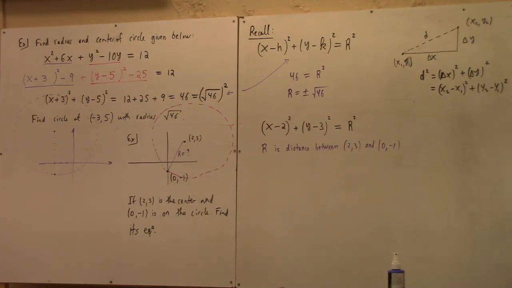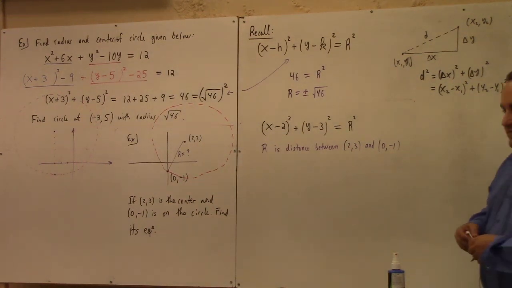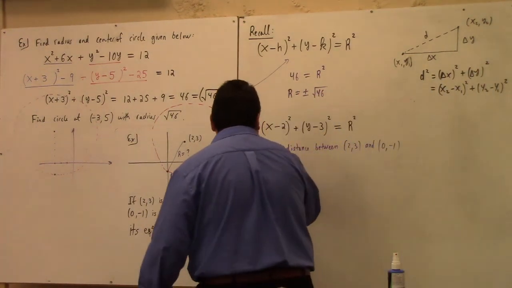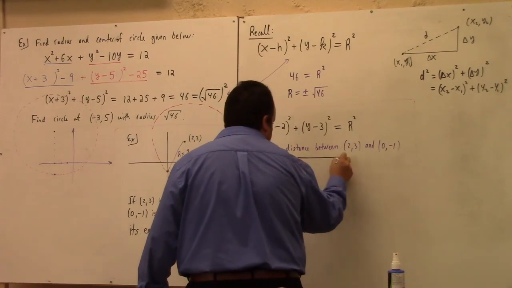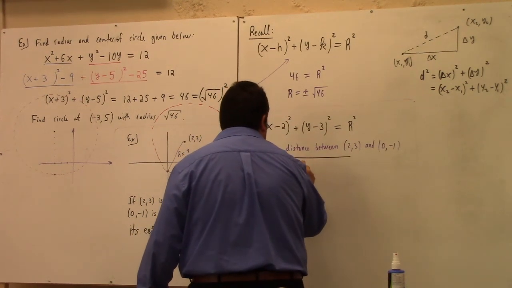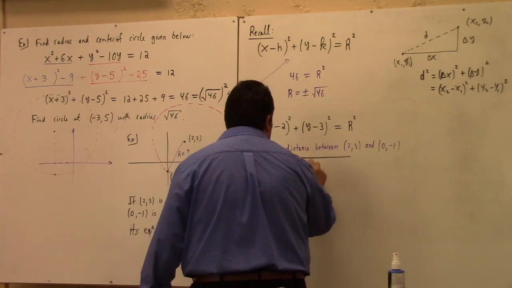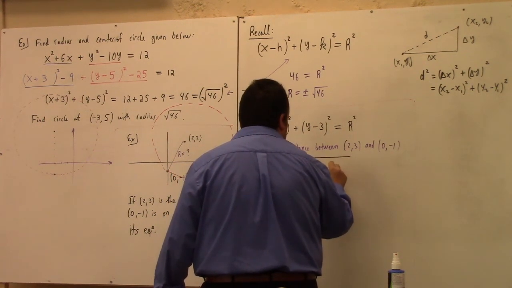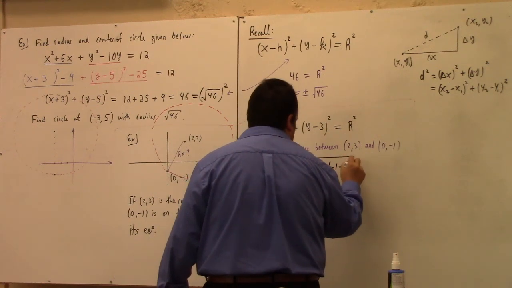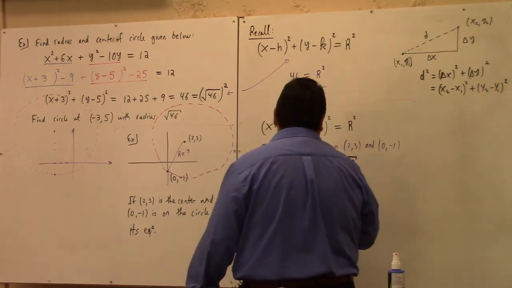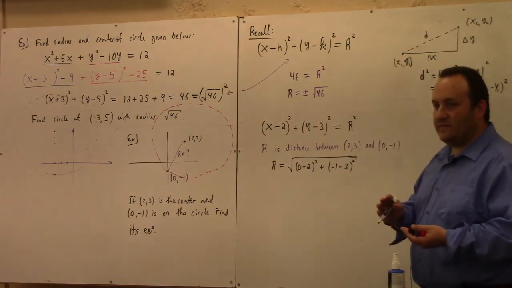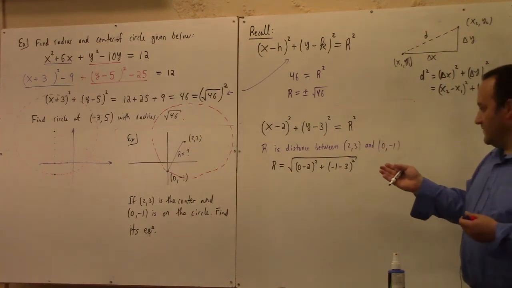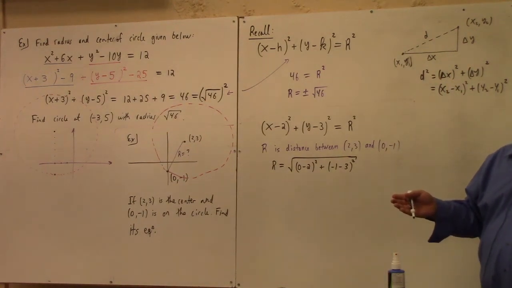And so for our example, what's the distance that we're interested in? Square root of what? 0 minus 2? I mean, you could do it either way, right? I'm just taking (0 minus 2) squared plus (minus 1 minus 3) squared. Maybe you did (2 minus 0) squared plus (3 minus minus 1) squared. It's fine.